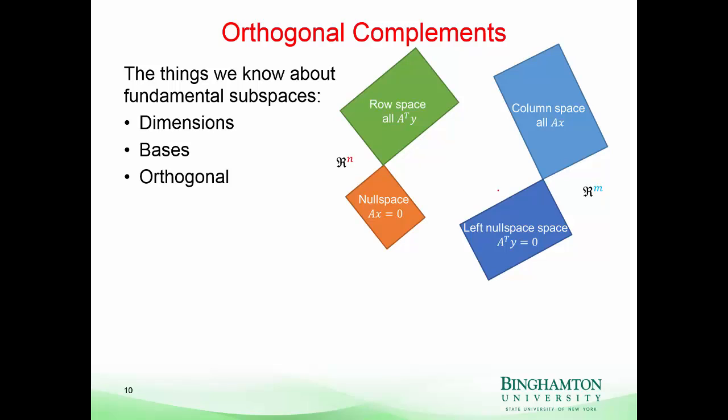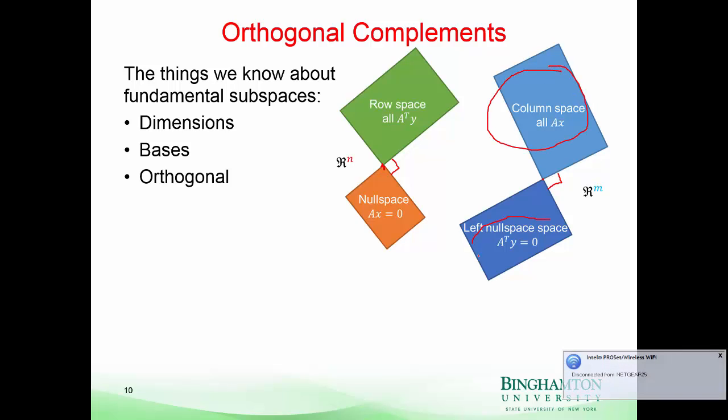So we know that the only element in common between the two over here is the 0, and the only thing in common between the two over on the left is the 0 vector. And we've drawn a little orthogonality symbol there to show that anything in the column space is orthogonal to anything in the left null space, and likewise anything in the row space is orthogonal to the null space.